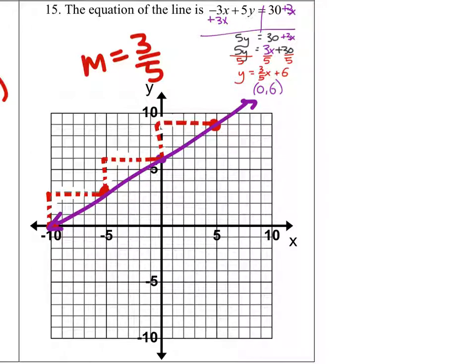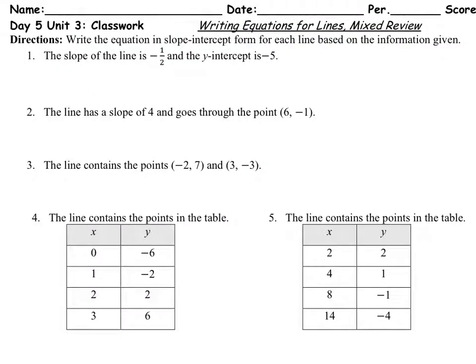That looks pretty good. So the slope of the line is -1/2 and the y-intercept is -5. So we can write this out in slope-intercept form. y = mx + b, where m is the slope and b is the y-intercept.